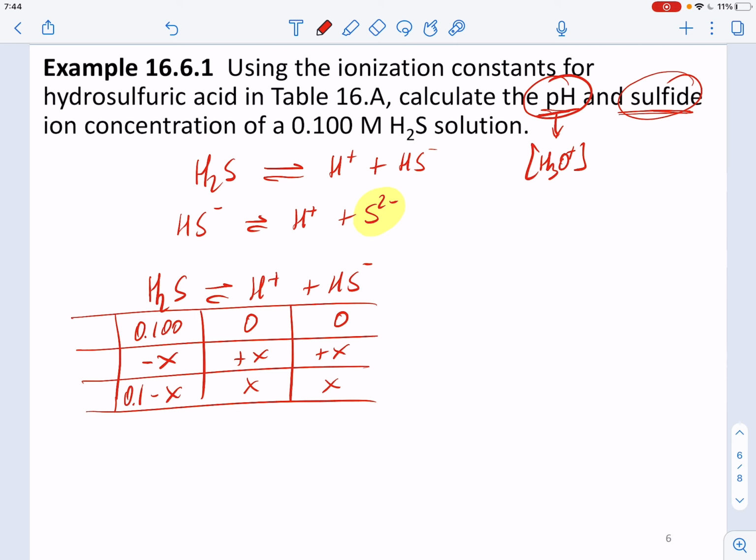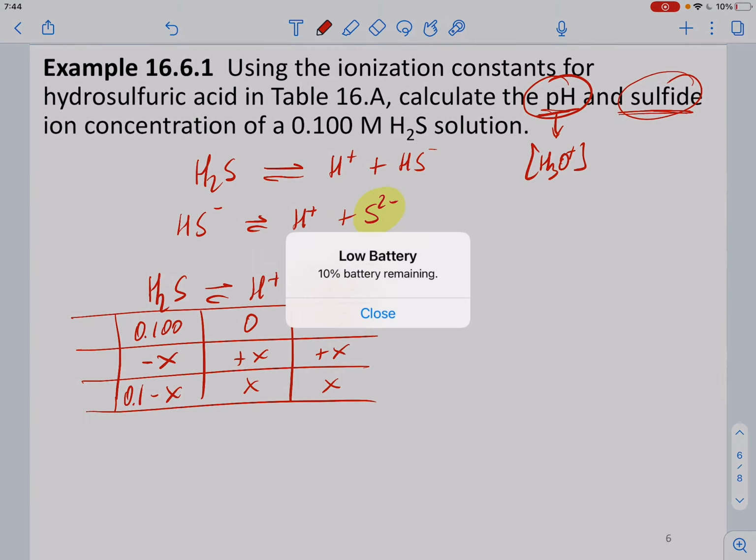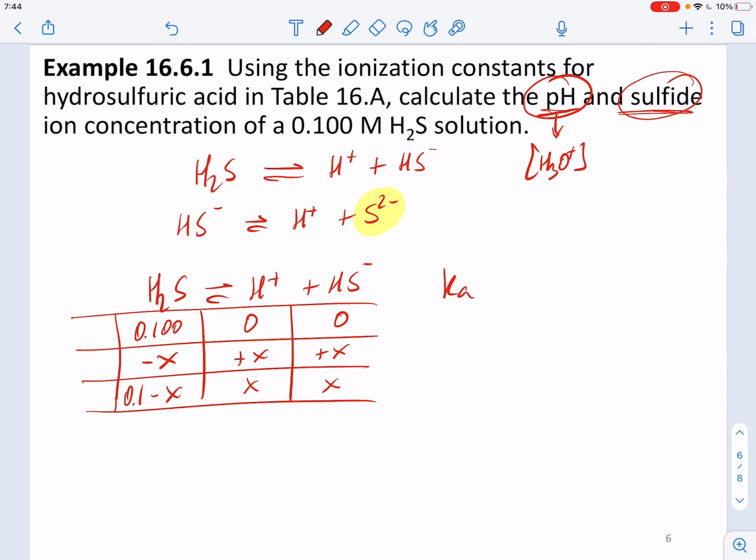So if we put all of this together, then the first ionization constant for the acid is going to be the concentration of H plus times HS minus divided by the concentration of H2S. And for hydrosulfuric acid, this is equal to 8.9 times 10 to the negative 8. Now I compare 0.1 versus 8.9 times 10 to the negative 8, and that constant is really small compared to the initial concentration.